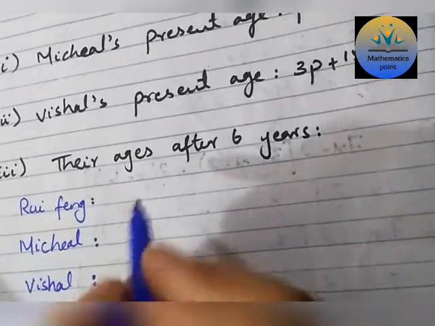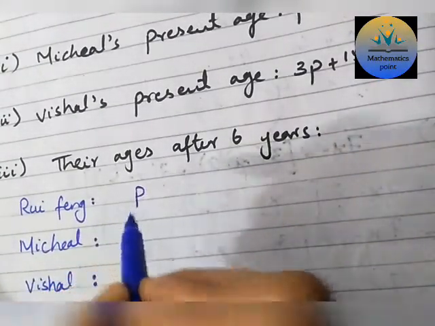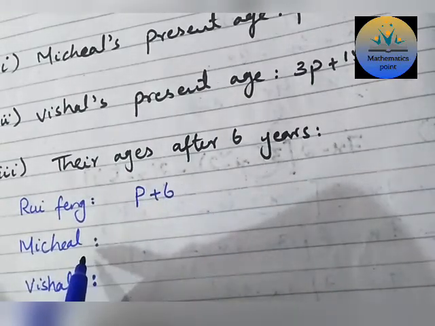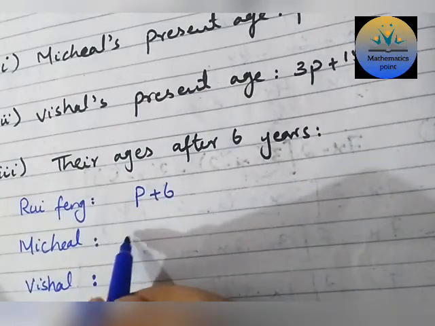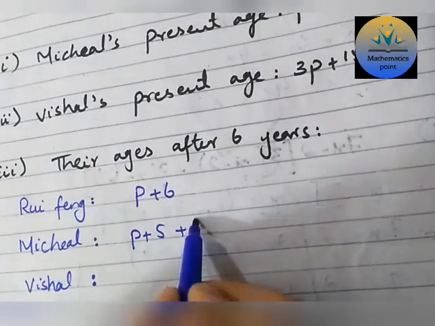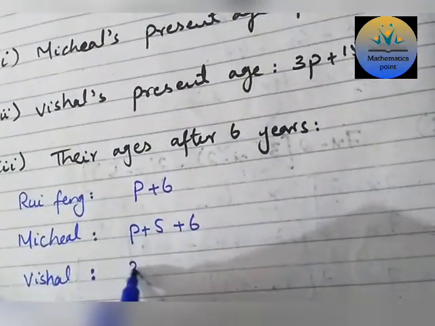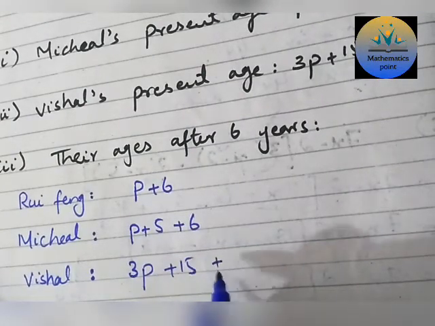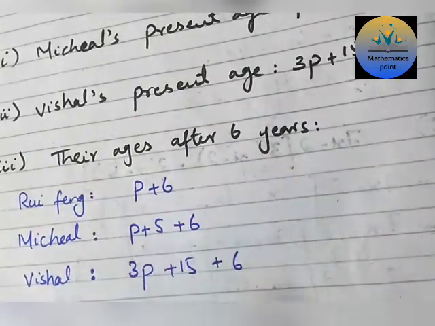The present age of Rufik is p, so after 6 years it will become p plus 6. The present age of Michel is p plus 5, so after 6 years 6 will be added. Vishal's present age is 3p plus 15, so after 6 years again 6 will be added.